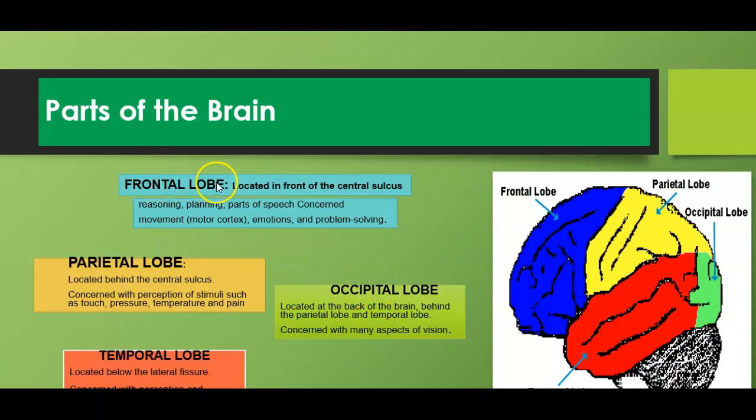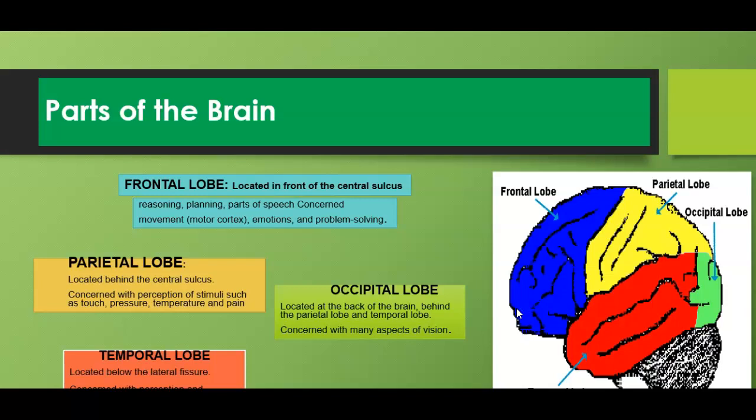So you have the frontal lobe, which is located in front of the central sulcus. This is the frontal lobe, the front of the brain. From the front of the brain, we begin to develop reasoning.